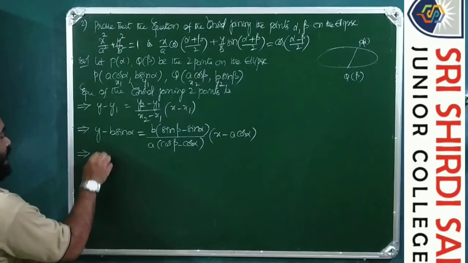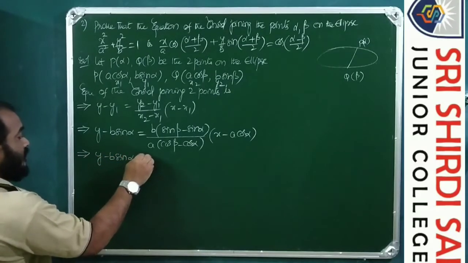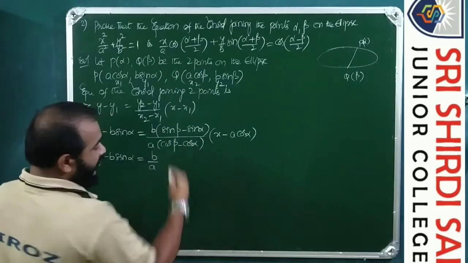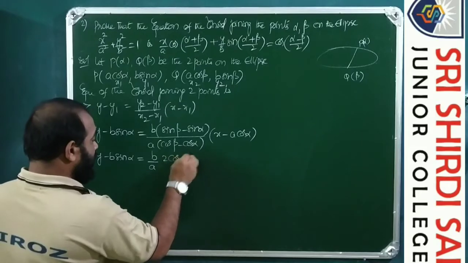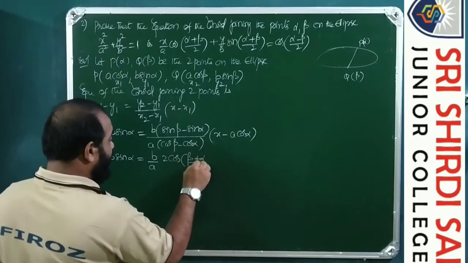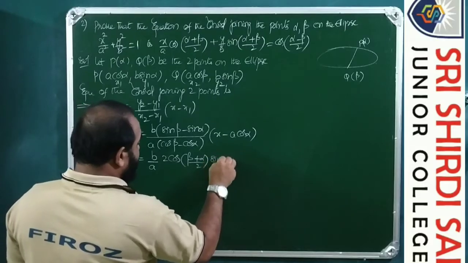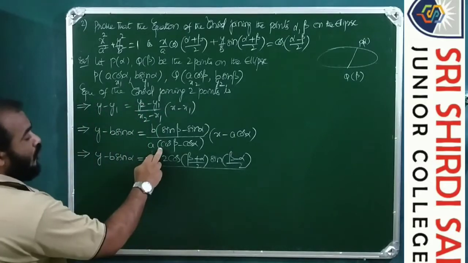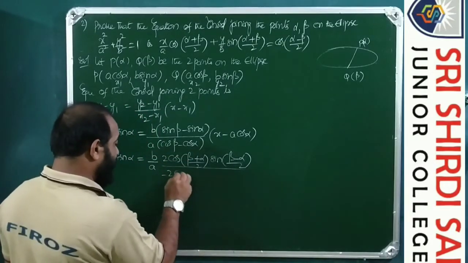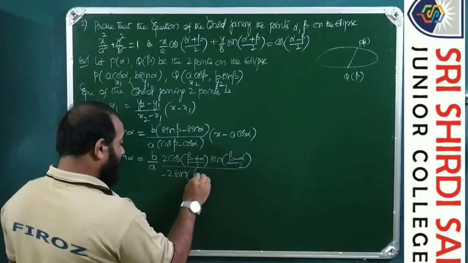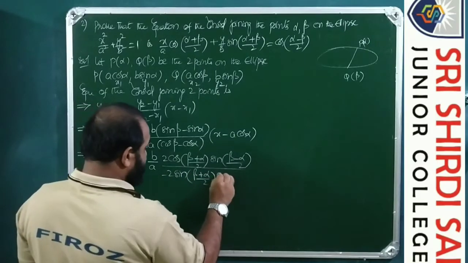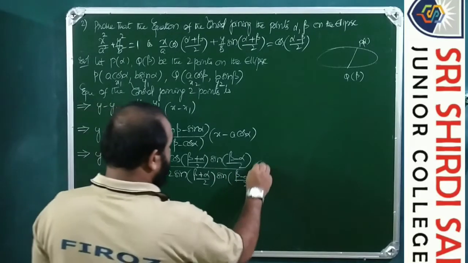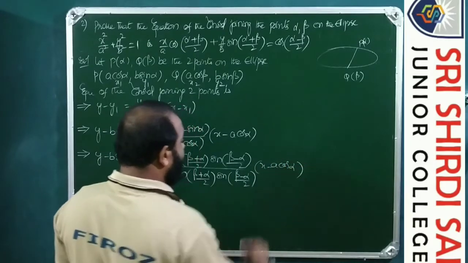This is equal to y minus b sin alpha is equal to b by a, sin C minus sin D is 2 cos (C plus D) by 2 sin (C minus D) by 2, by cos C minus cos D is minus 2 sin (beta plus alpha) by 2 sin (beta minus alpha) by 2, into x minus a cos alpha.